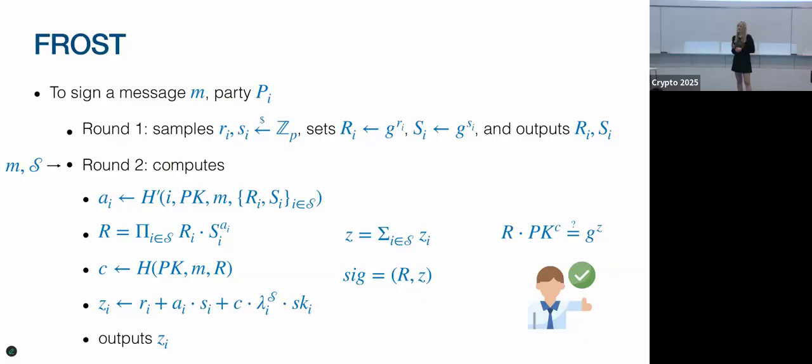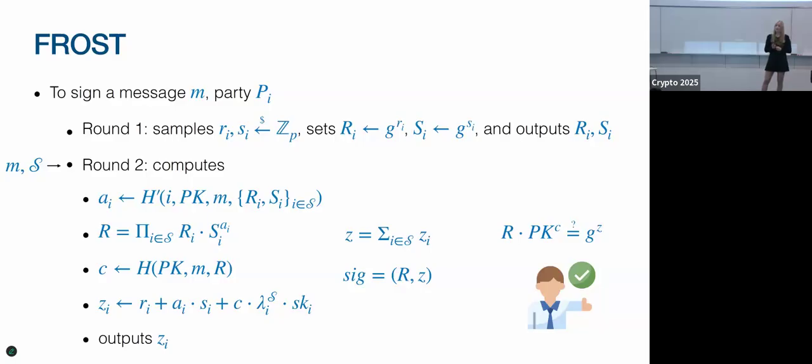In order to sign a message M, a party Pi first samples 2 nonces, ri and si, uniformly at random from a field, and then computes the nonce commitments Ri and Si. It then outputs these 2 nonces, and at this point, it can take as input the message and signing set. So it doesn't need to happen until round 2. In the first round, parties can just produce as many nonces as they want.